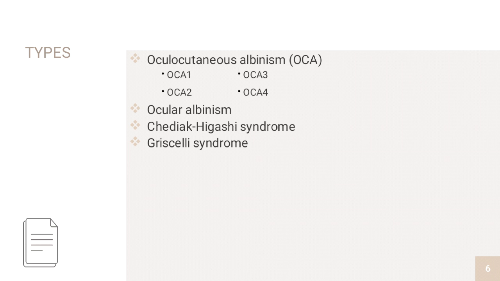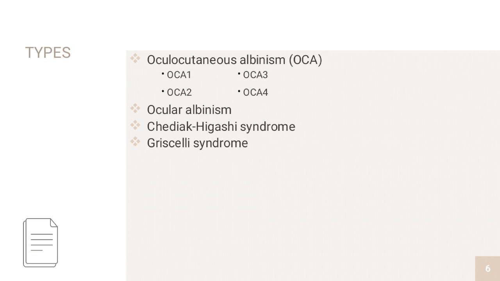The next type of OCA is OCA4. OCA4 is due to a defect in the SLC45A2 protein. It results in minimal production of melanin and commonly appears in people of East Asian descent. People with OCA4 have symptoms similar to those in people with OCA2.